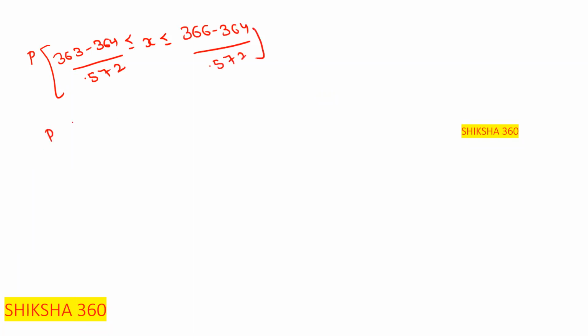Here 363 minus 364 divided by 0.572, I will get minus 1.75. And 2 divided by 0.572, we will get approximately 3.5.